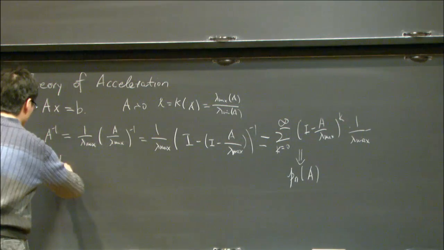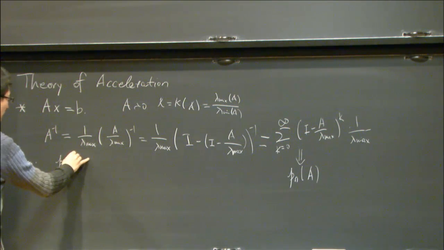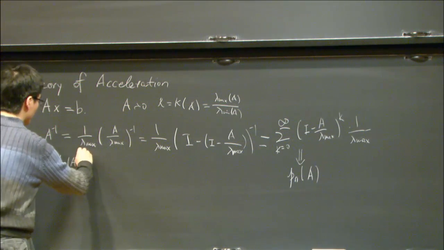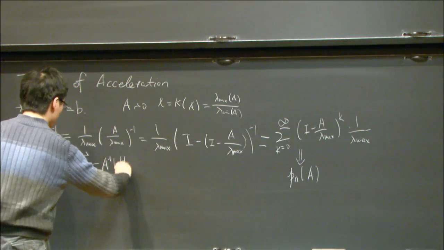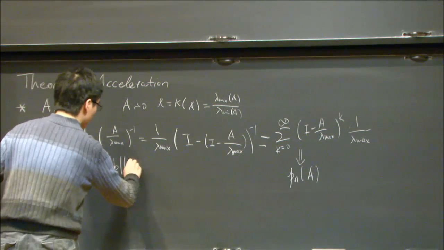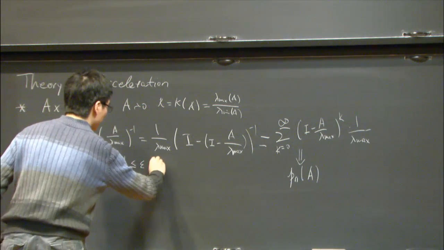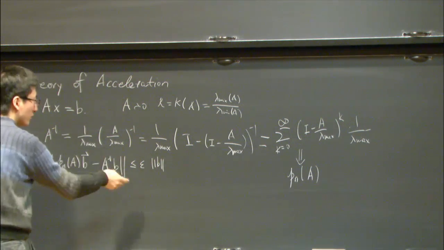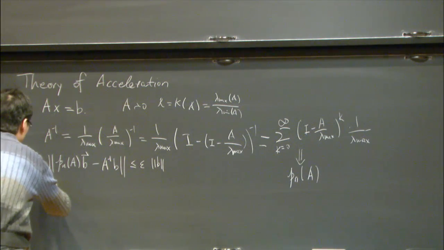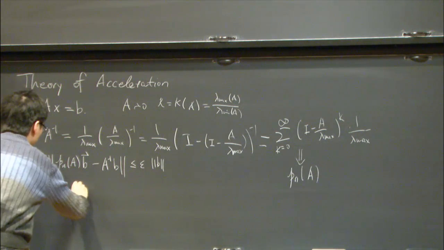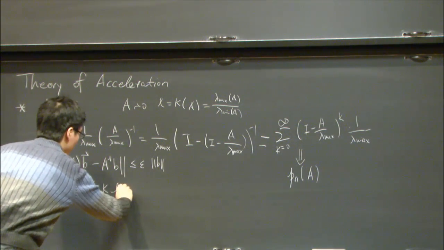In particular, if we use Pn of A, which is a polynomial on the matrix, multiplied to this vector b, and we compare it to the true inverse, the distance is going to be less than or equal to epsilon times the norm of b, say Euclidean norm, as long as n is larger than or equal to Omega of kappa times log 1 over epsilon.